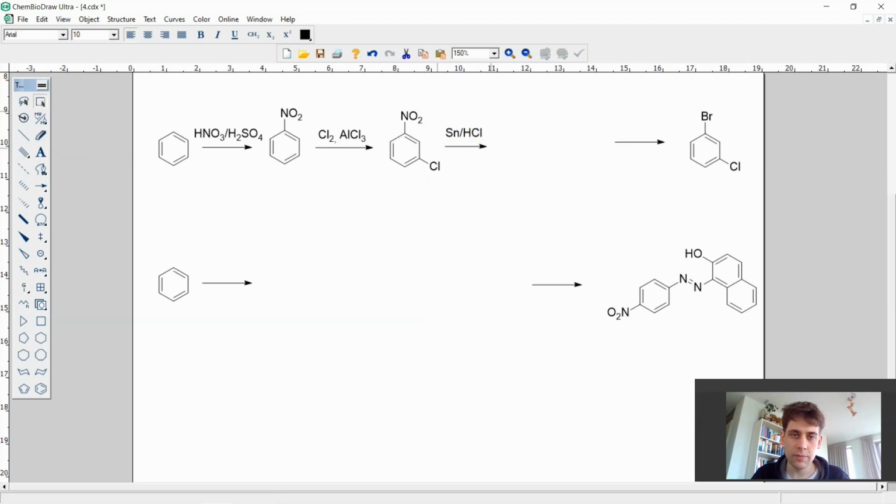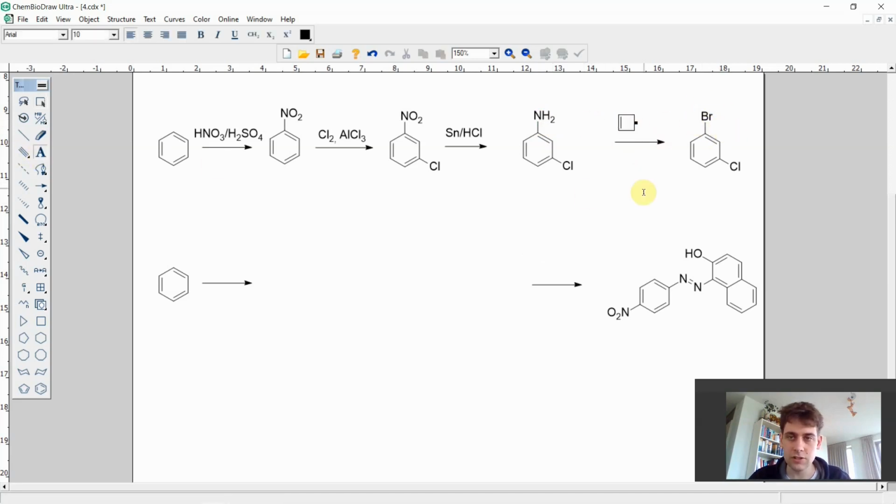The amino group is then very helpful for a subsequent reaction, and this would look something like this, so the amino substituted benzene, and from there we can use the Sandmeyer reaction. That is where we first change our amino group into a diazonium salt, and then we use copper(I) bromide to substitute our diazonium group, the N2 group, to form this bromo substituent here.